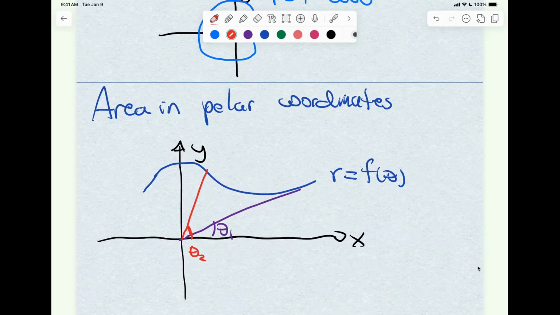So when you talk about an area in polar, basically what you think about is that you have a curve and you have two rays, and you are trying to find the area of this region.